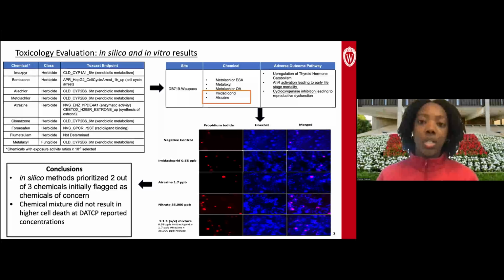I boxed in orange the 2 chemicals which were initially screened by us from our screening of the report. That's the insecticide imidacloprid, as well as atrazine, the herbicide.